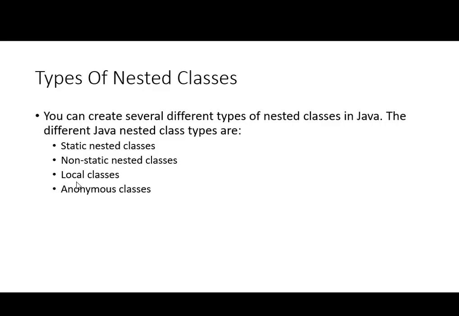The last type is known as an anonymous class. This type of class doesn't have any name. We don't define this class with a specific name. We just define this class to add a little more functionality to, let's suppose, an interface.